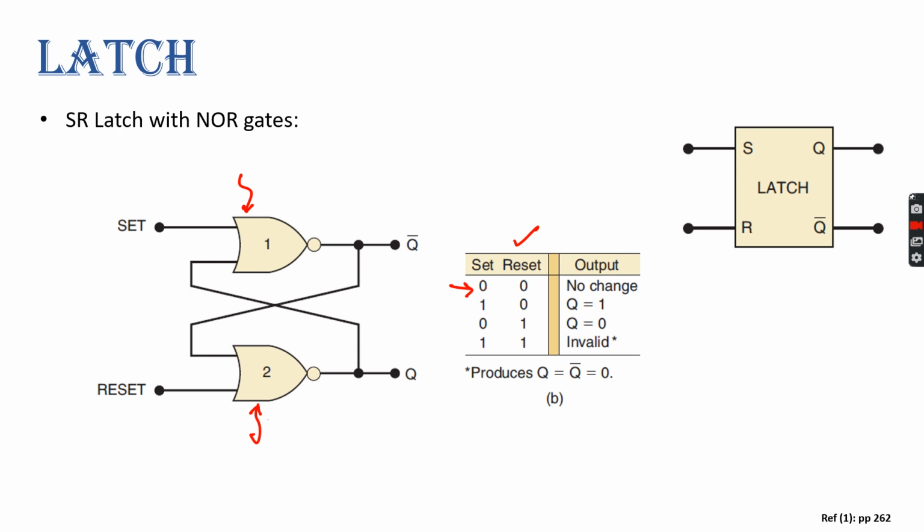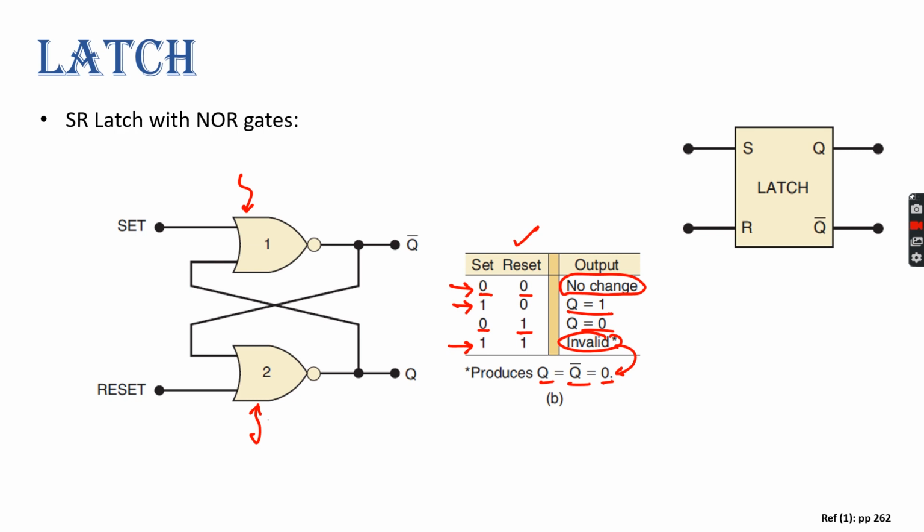Invalid, right? But here, if you put 0 0, the output will be no change. Similarly, if it is 1 0, the output is 1. If it is 0 1, the output is 0. And if it is 1 1, it is invalid, meaning that for this condition your Q and Q bar both will become 0.